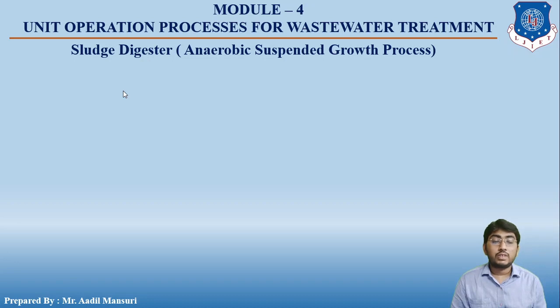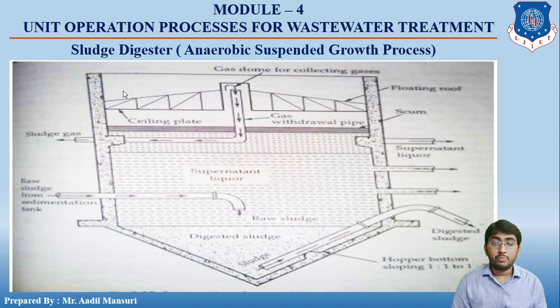As the sludge digester deals with the primary and secondary sludge, it is also known as sludge treatment unit. The primary and secondary sludge have different characteristics. Okay, so I will show you the picture, right?